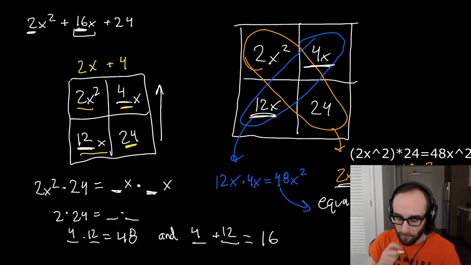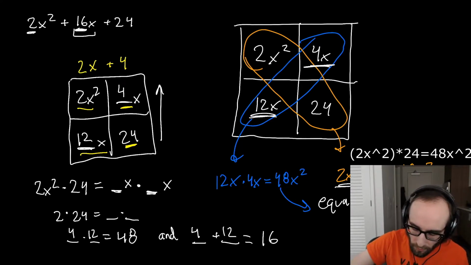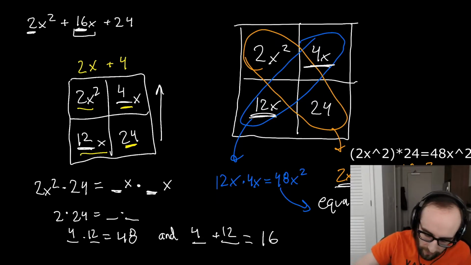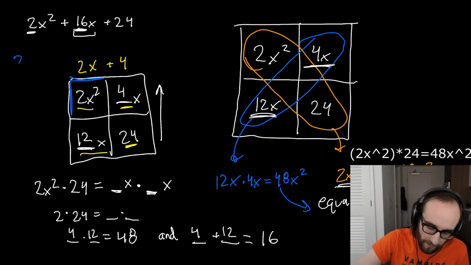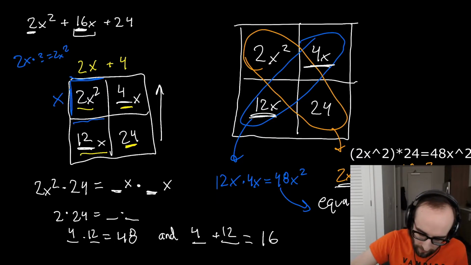Now, when finding our other factor, we need to think about finishing this puzzle. One way to think about this is we have 2x on this side. So what do we multiply 2x by? 2x times what gives us 2x squared? In this case, that's just going to be x. Down here, we have 2x times what gives us 12x?